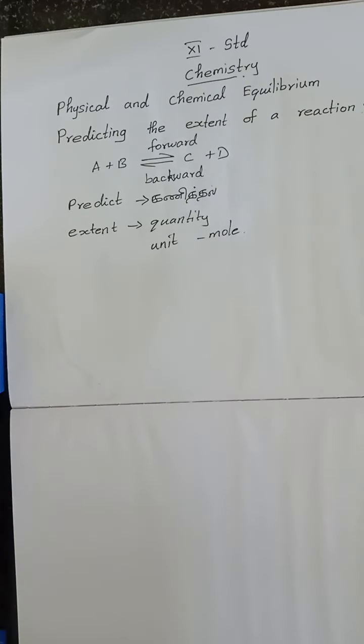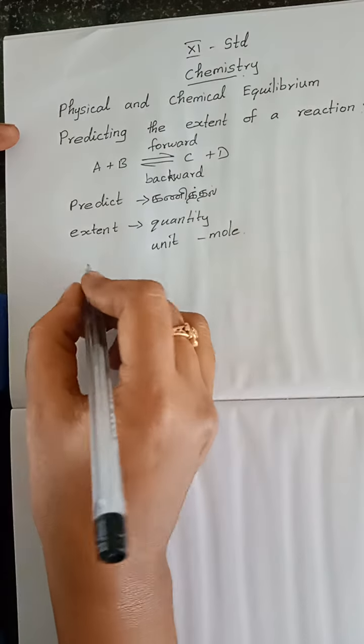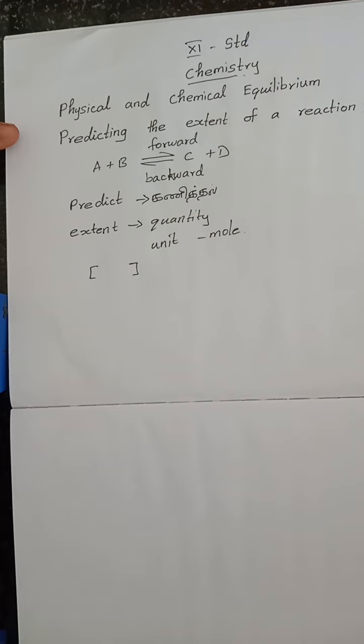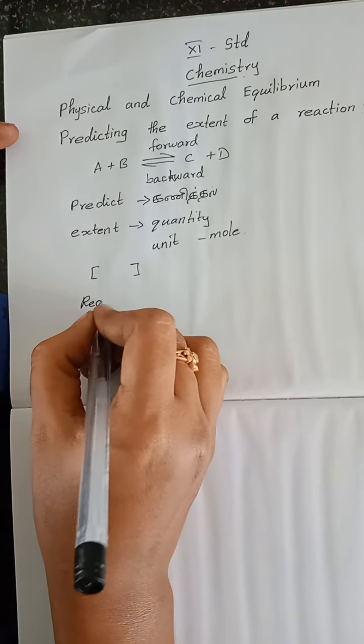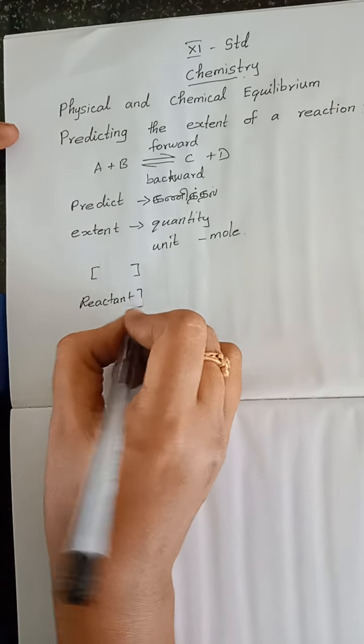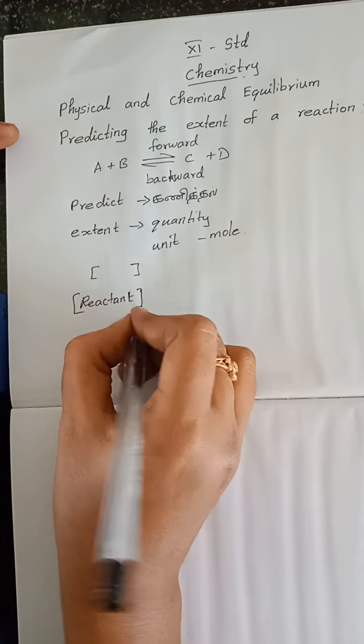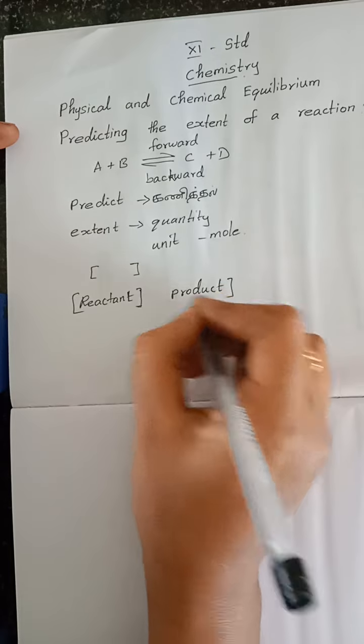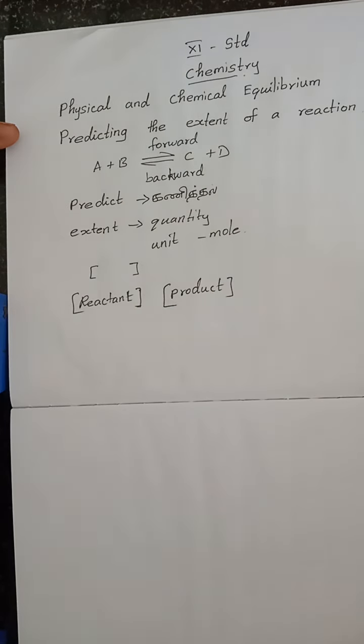Then the third point is to calculate the equilibrium concentration. Already I taught that concentration is denoted in square brackets. So calculate the equilibrium concentration of the reactant and product, the reactant concentration and product concentration.